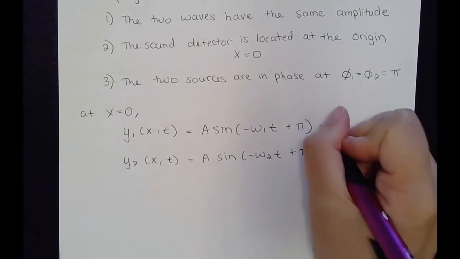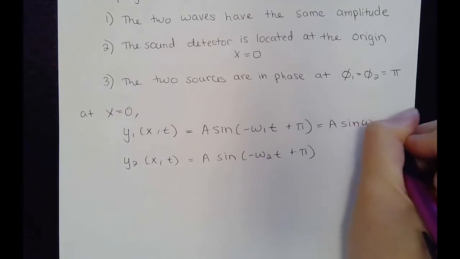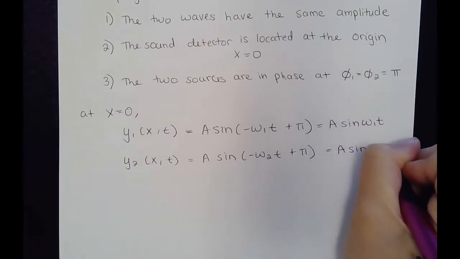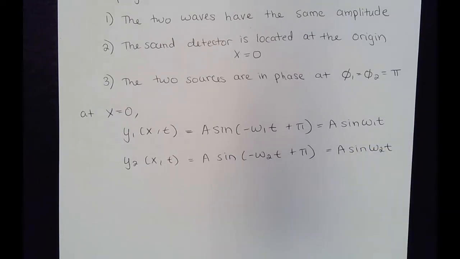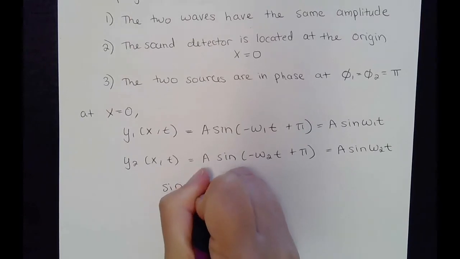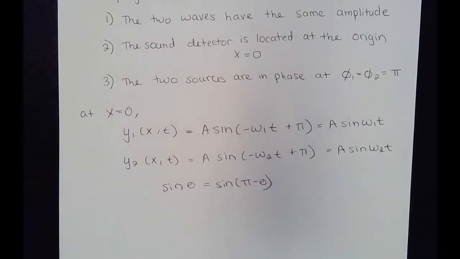Okay, so then this is A sine omega 1 t, and this is equal to A sine omega 2 t. And why we can do that is because sine of theta equals sine of pi minus theta. So that's a property of the sine function, so we can simplify that there.